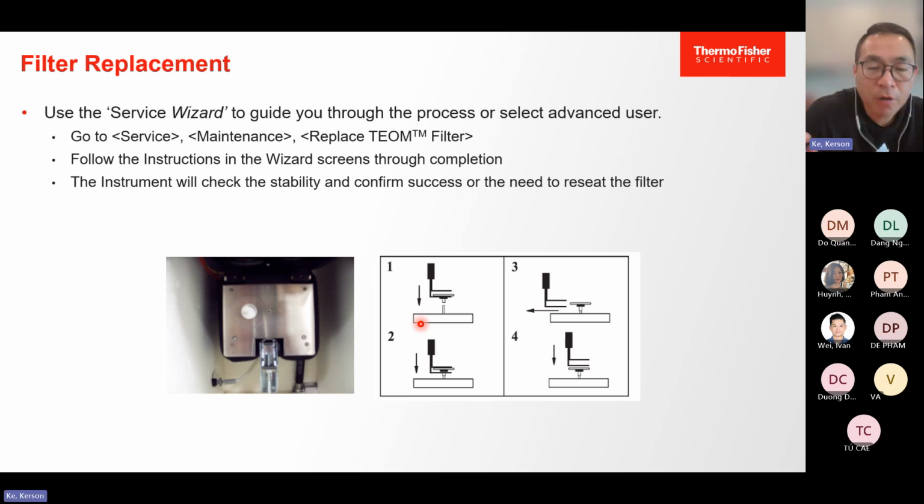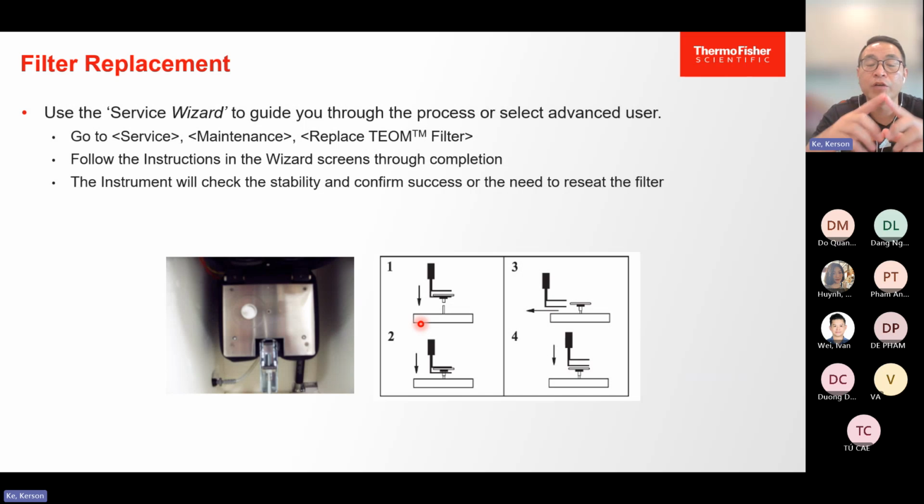there are two concepts. One is that the loading capacity of this filter is 5 milligrams. Under the normal ambient concentration, I think it's maybe less than 50 micrograms per cubic meter. So based on our experience, under clean conditions, this filter can last at least 2 or 3 months.